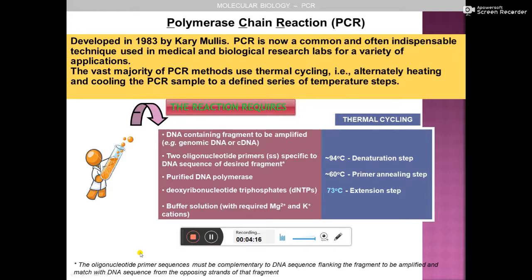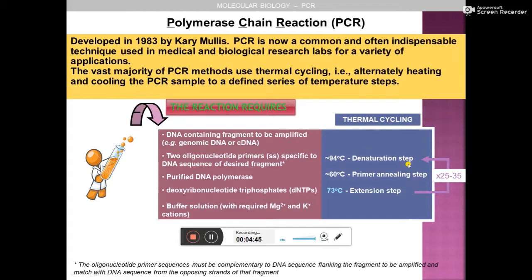And finally, you have an extension step where multiple copies of your gene of interest, or the fragment of DNA which has to be amplified or multiplied, will be made. The extension is carried out at 73 degrees centigrade. And after the process of extension, this cycle is repeated again for about 25 to 35 cycles.